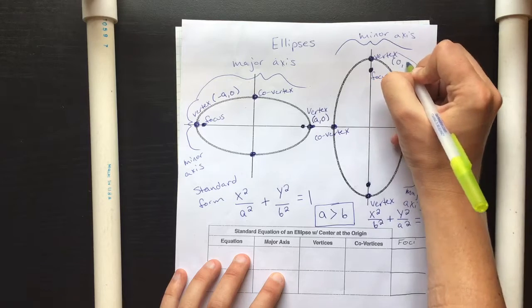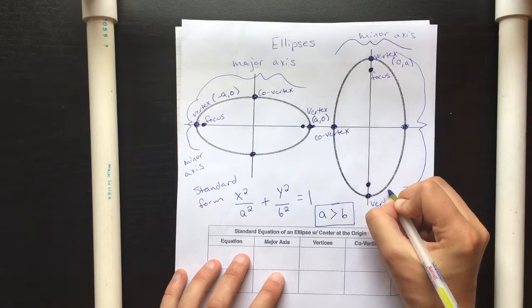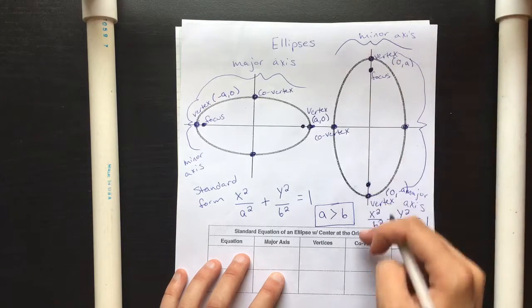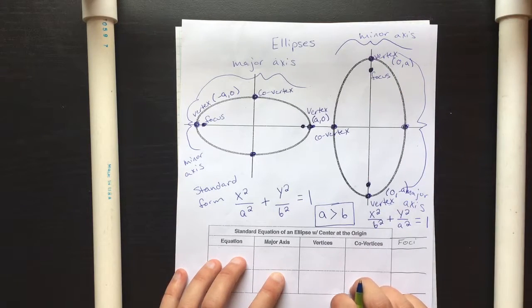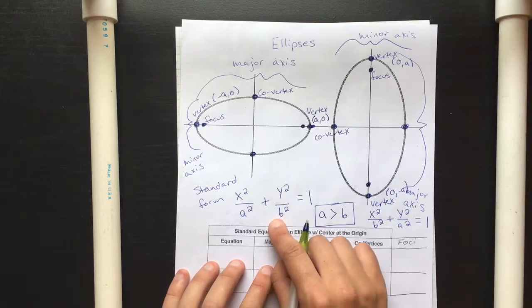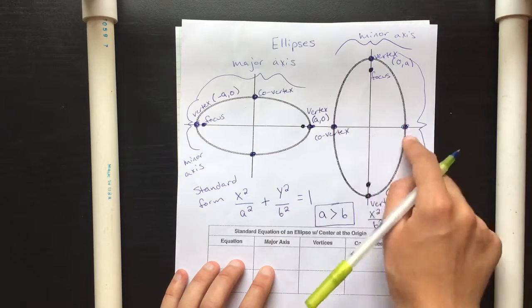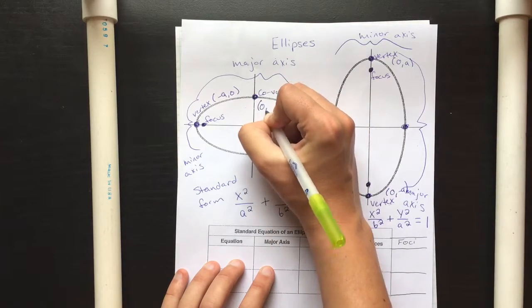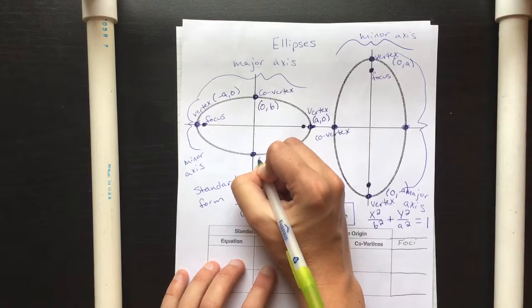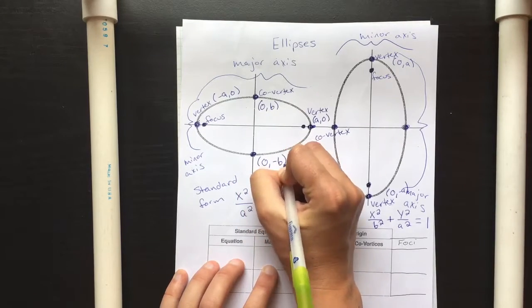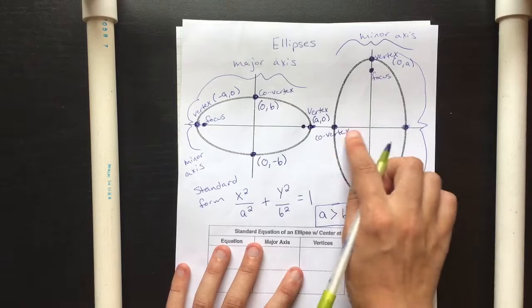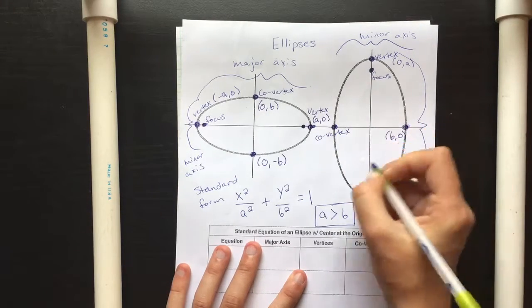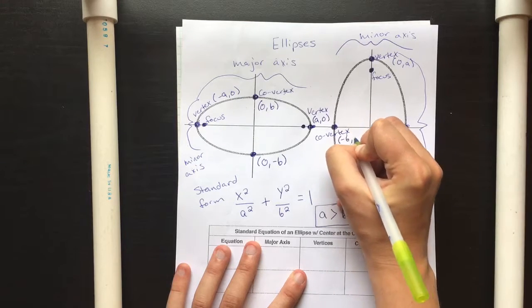On top it's 0 comma a, on the bottom 0 comma negative a, since it's on the y-axis instead of the x-axis. Alright, the b goes with the co-vertices. So here we will have 0 comma b, and then down here we'll have 0 comma negative b. And similarly with the other ellipse, over here we have b comma 0, here we have negative b comma 0.